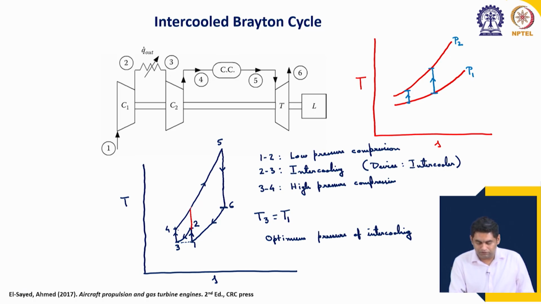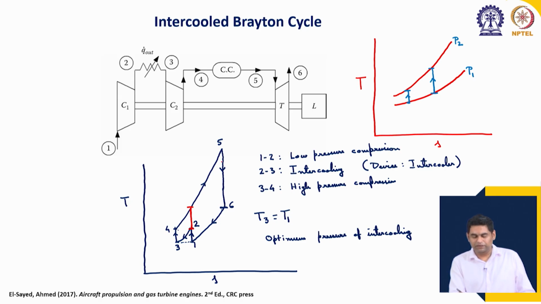Because the constant pressure lines are diverging along this, we can calculate and see that this is the case. Instead of this original red line, we are shifting this to a lower temperature process. So, we expect that the work input to the compression process will be lower.